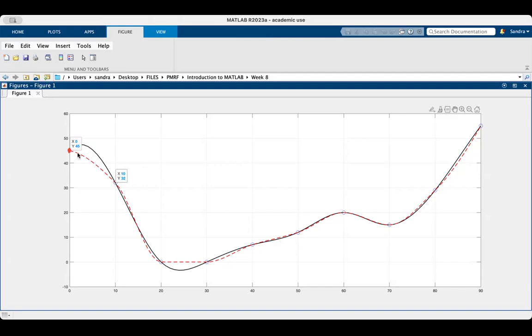Now you can see this curve, my spline curve, is going like this. So at this point, my y value is greater than 45. At this point, what will my y value be? It is 47. So this 47 is not between 45 and 32.